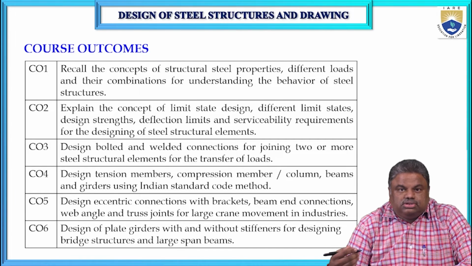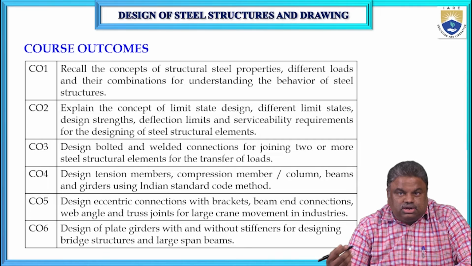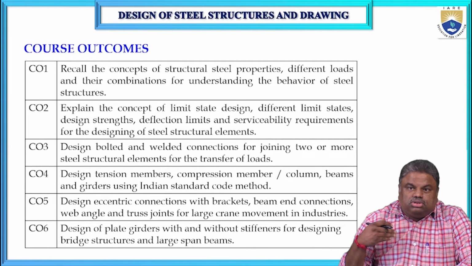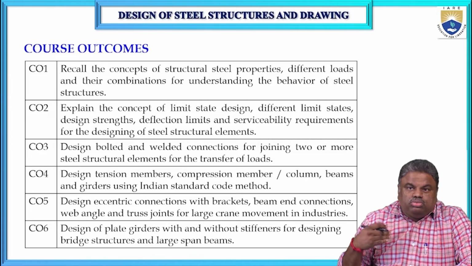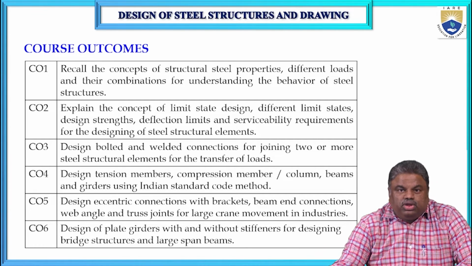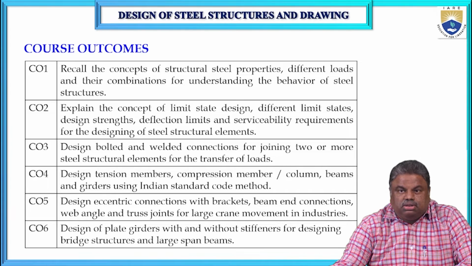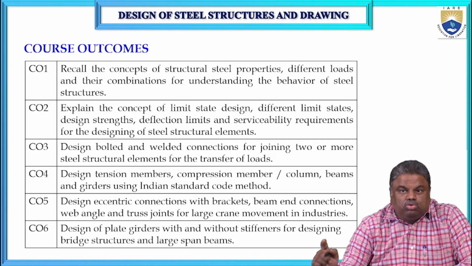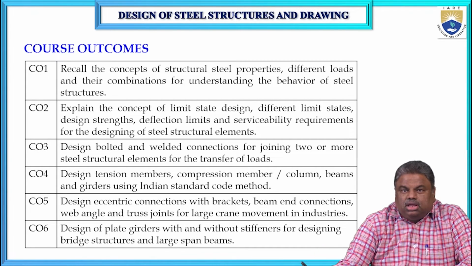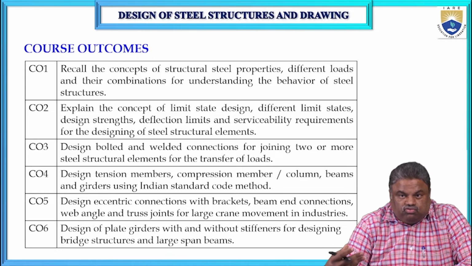For example, if you take a granite industry, the movement of the crane should be there horizontally, right? So we have to design the brackets. How to design those brackets, that we will see in course outcome 5.